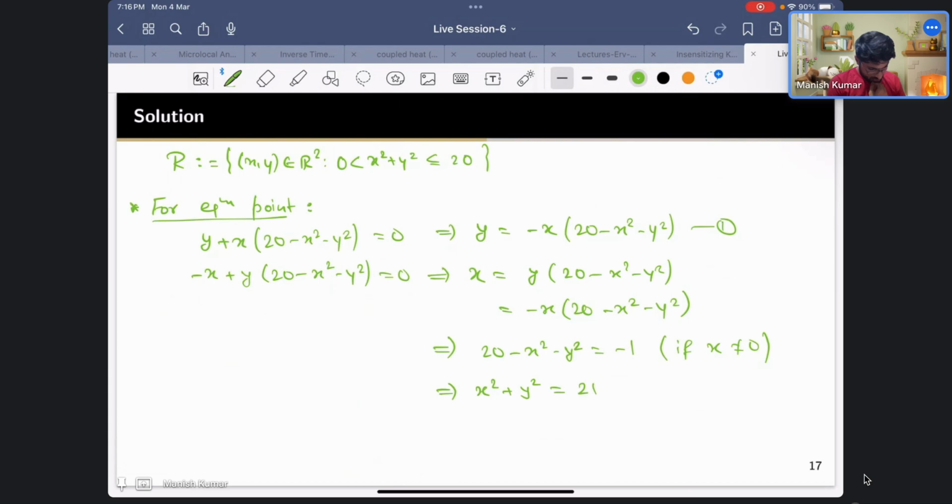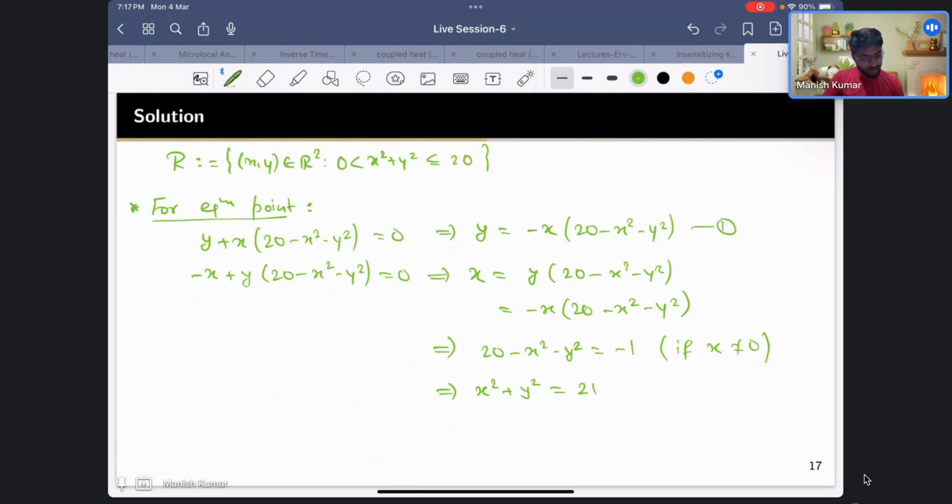This calculation is correct, right? 20 minus x square is equal to 1. Yeah, it looks fine. So x square plus y square is 21.